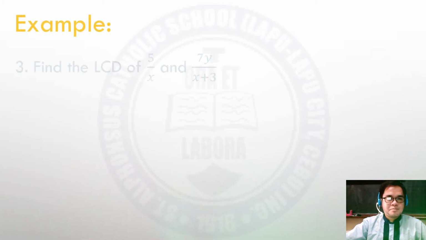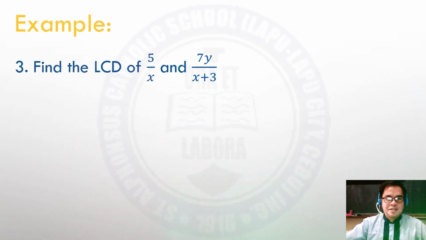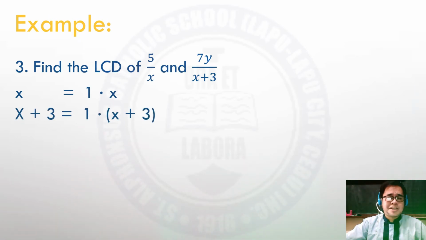For example number 3, find the LCD of 5 over x and 7y over x plus 3. Consider the denominators x and x plus 3. The factors of x are 1 times x, and the factors of x plus 3 are 1 and x plus 3. As you can see, there are no factors which are common in the list except 1, just like in example number 2.